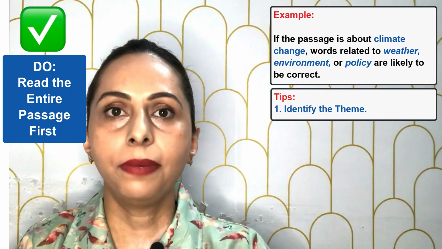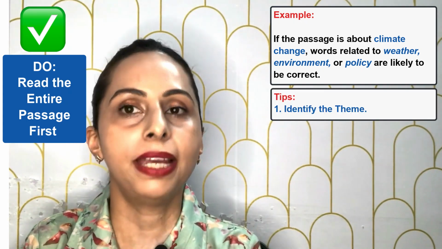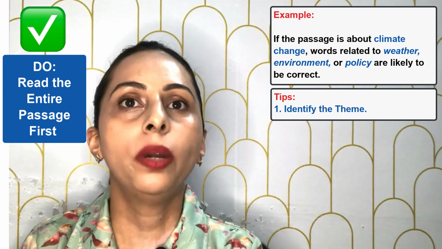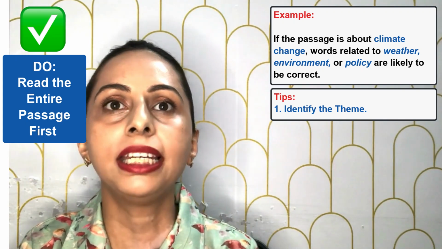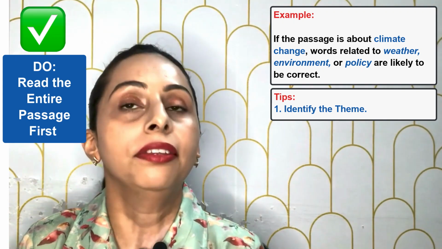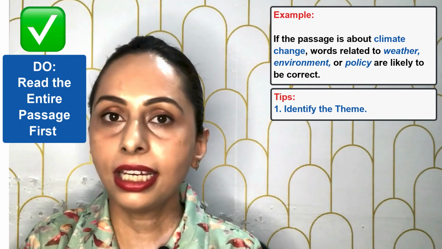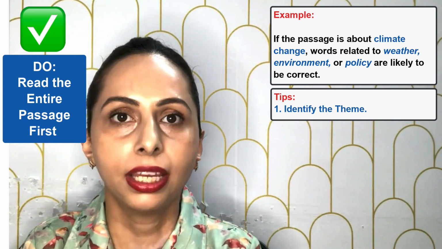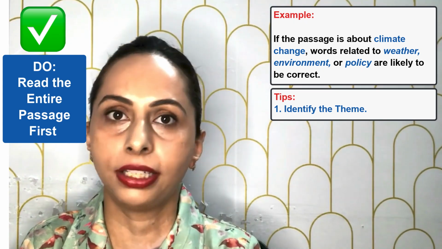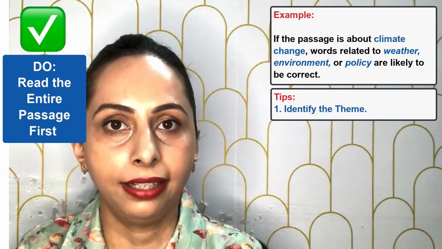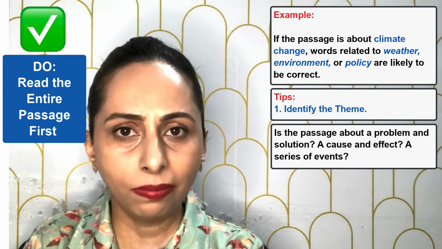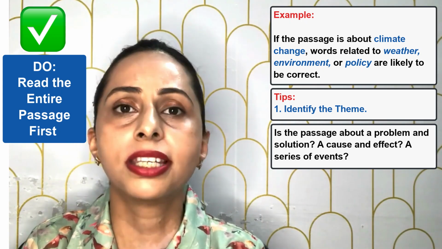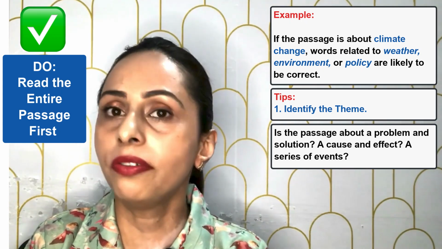The very first step is identifying the theme of a passage, which is important for accurately filling in the blanks in the PTE reading section. The theme refers to the main idea or central topic that ties the passage together. Here's how to identify it effectively. You have to understand, is the passage about a problem and solution, a cause and effect, a series of events?